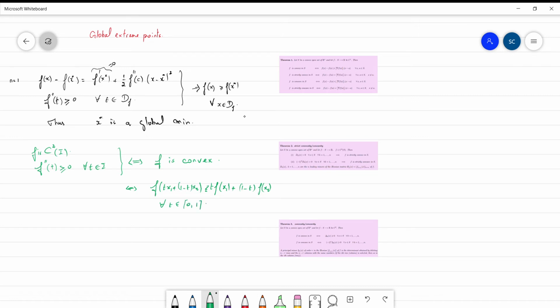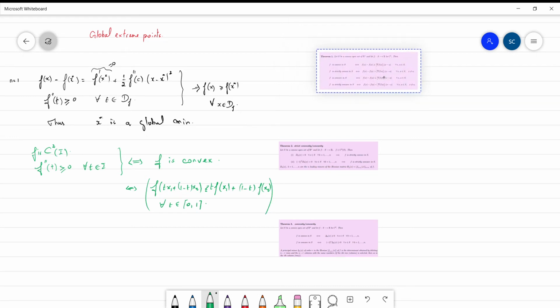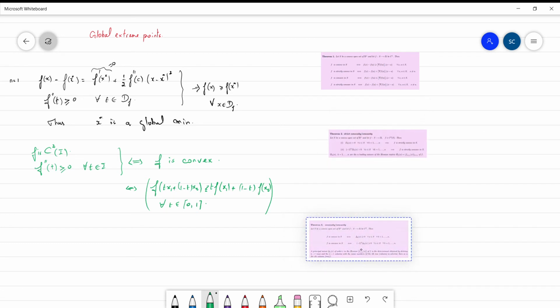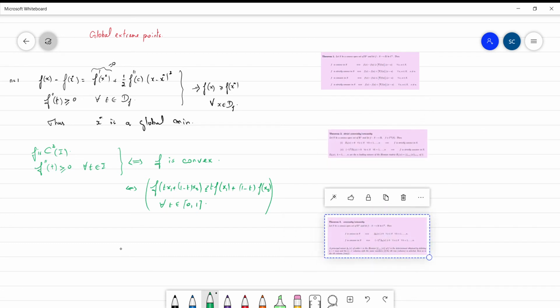So this is the definition of convexity. Let's move these rectangles here. This is what we gave, if you remember, as a characterization.